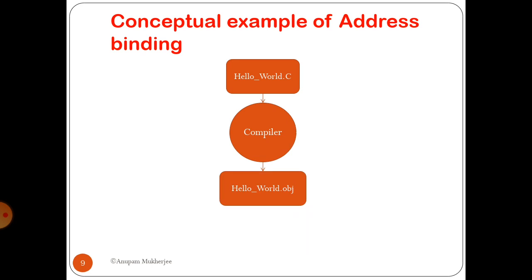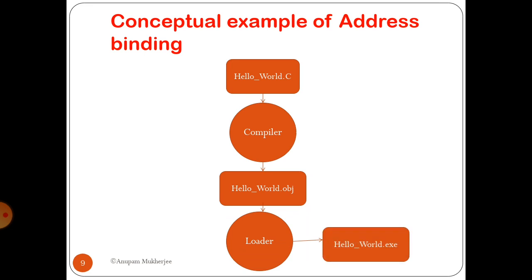right? So the compiler converts or binds this source address space to the relocatable or base address, that is the object module .obj file, and then the loader or linkage editor will convert this object file to a binary executable file. hello_world.exe will be generated.